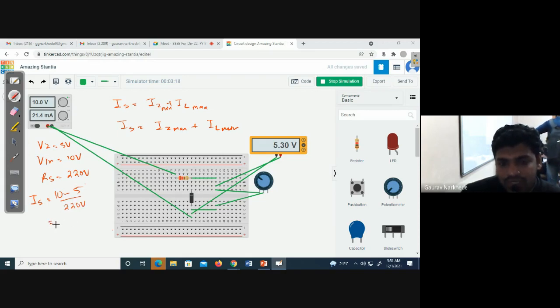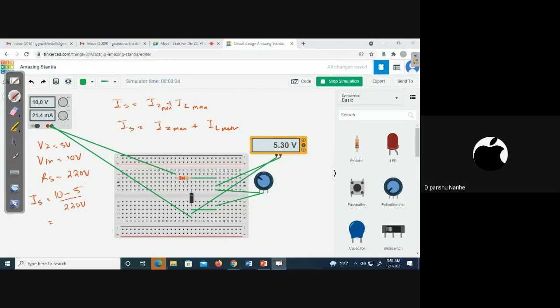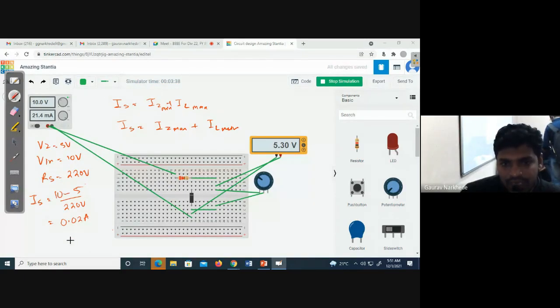How much is it? 0.02 amperes. Correct. So this is 0.02, मतलब इसको मैं ऐसा बोलता हूँ 20 मिली एम्पियर.